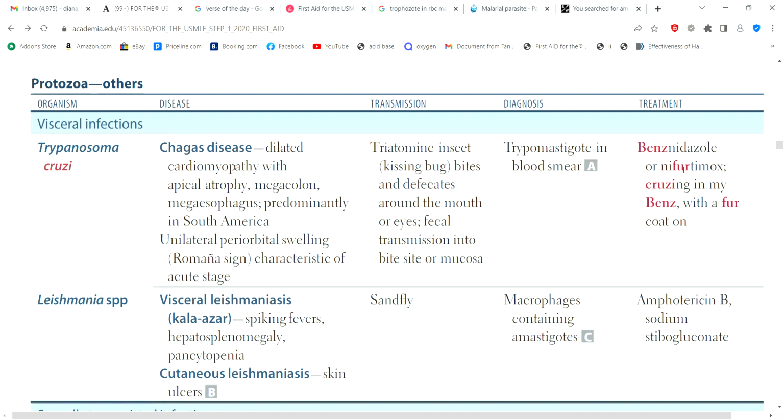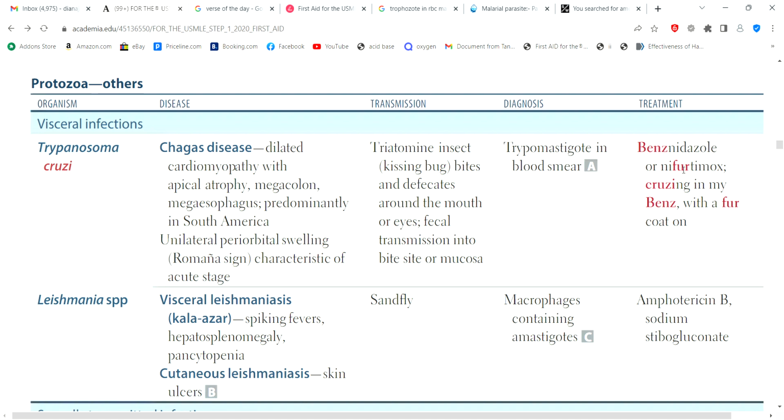Okay. So we're gonna be continuing with Chagas disease. Chagas disease is caused by Trypanosoma cruzi. This is dilated cardiomyopathy with apical atrophy, megacolon, megaesophagus, predominantly in South America, unilateral periorbital swelling, which is the Romana sign. It's a characteristic of acute stage.